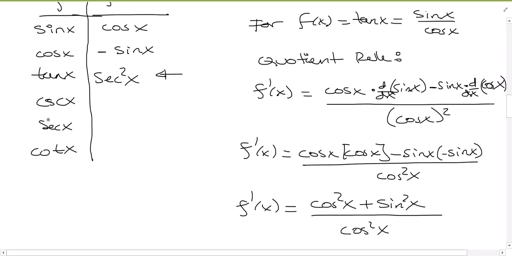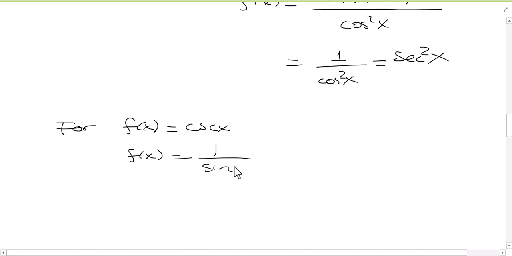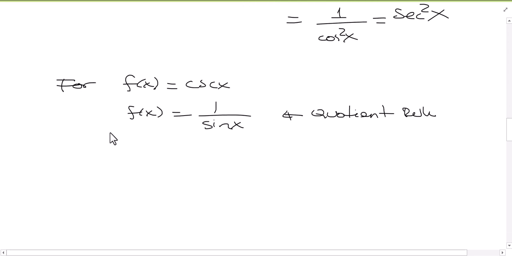And we can do the same thing with cosecant, secant, and cotangent. So for example, to find the derivative for f of x equals cosecant x, you can write cosecant as 1 over sine x, and then use the quotient rule here. So go through the quotient rule for this problem and see what you get.